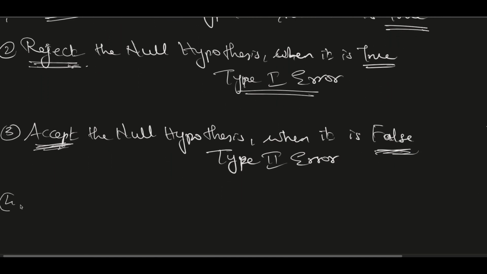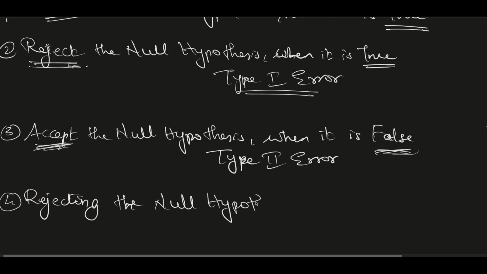Then the fourth outcome is rejecting the null hypothesis when it is false.